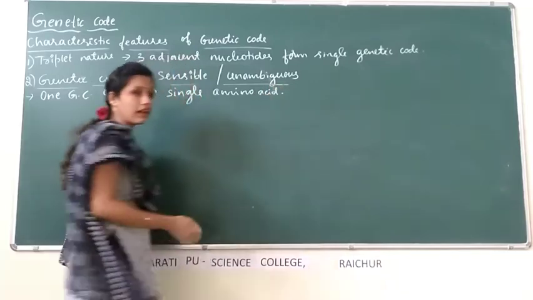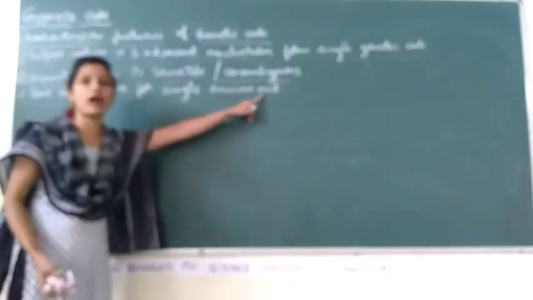That means they are very much specific towards an amino acid. A particular genetic code always codes for a particular amino acid. That is why it is sensible or unambiguous.